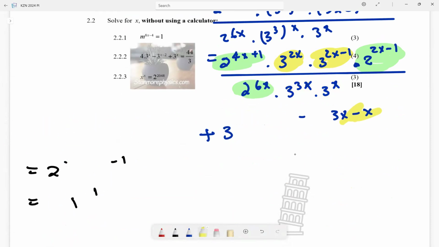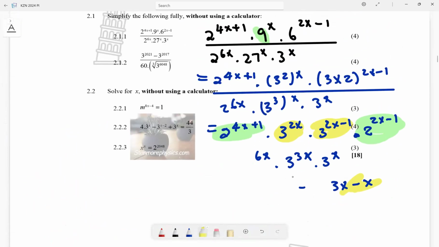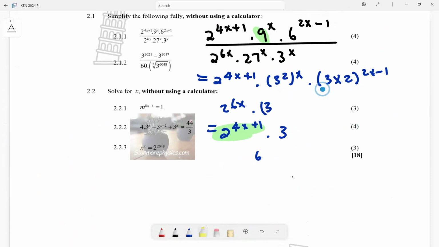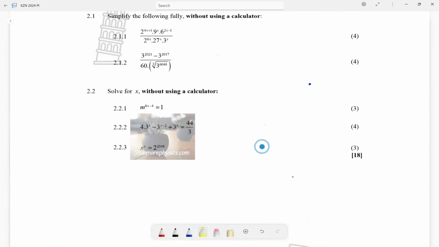So let's move on to the other one. What does the other one say to us now? Okay, this one looks a little bit interesting. Let me erase that quickly. What do I have?